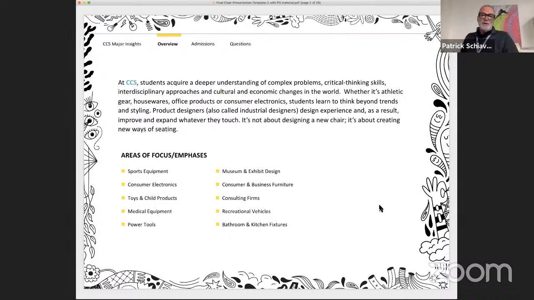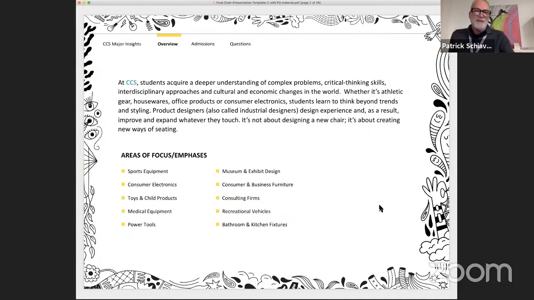We're going to teach you about your user and their needs. We're also going to teach you about the art of design and the history of design. We also have special focuses where we think about the students almost in different buckets of design. One of the interesting parts of product design is that it encompasses a whole different kind of disciplines.